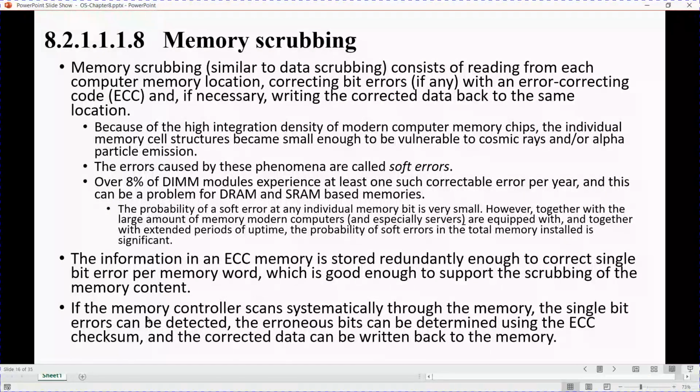If the memory controller scans systematically through the memory, single bit errors can be detected, the erroneous bits can be identified, and the bits corrected, the correct values written back into memory.